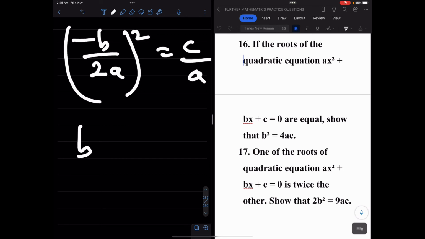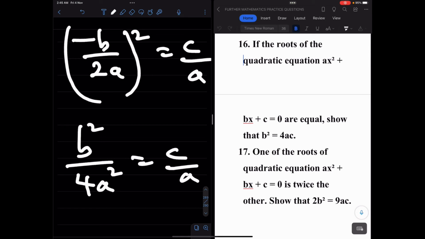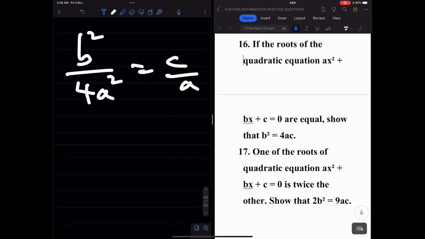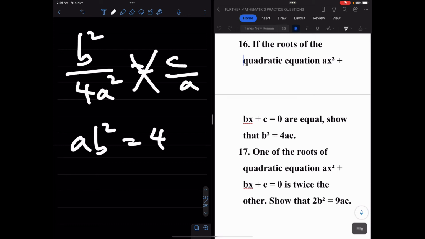And that simply means b squared over 4a squared equals c over a. Of course, the square of minus b is b squared, and the square of 2a is 4a squared. Now we have to show that b squared equals 4ac. So I can simply cross multiply to have ab squared equals 4a squared c.